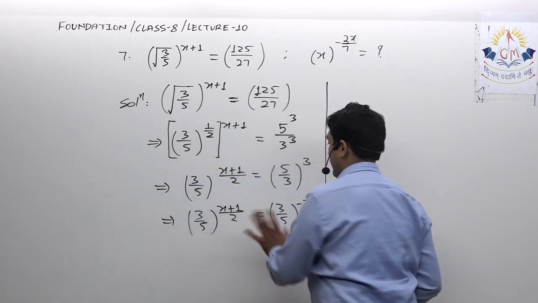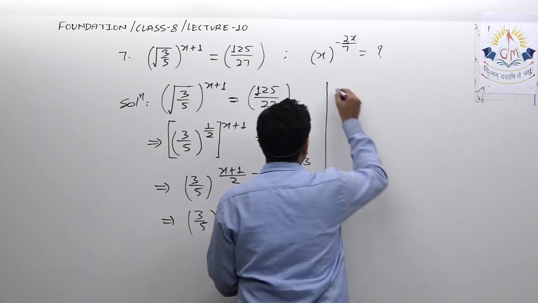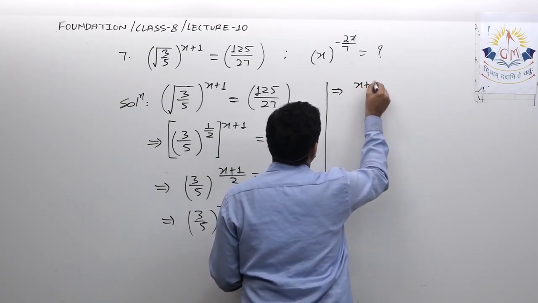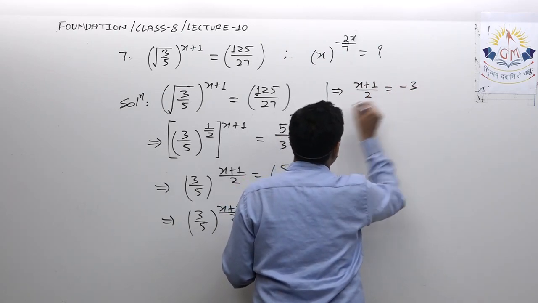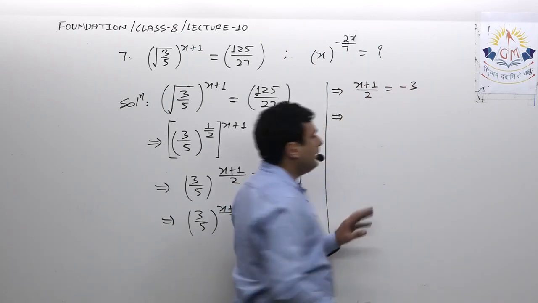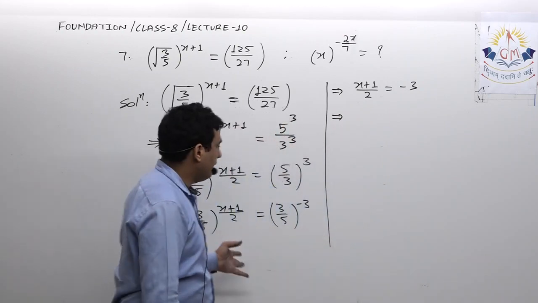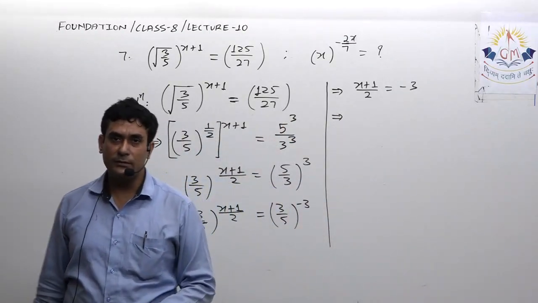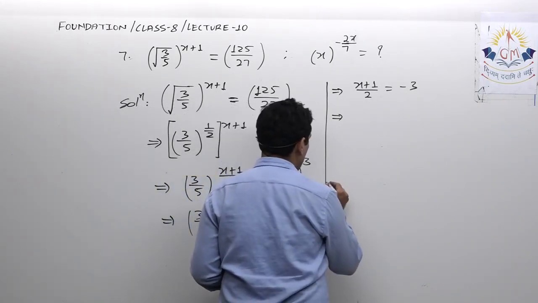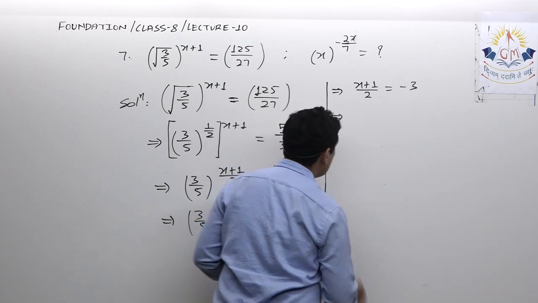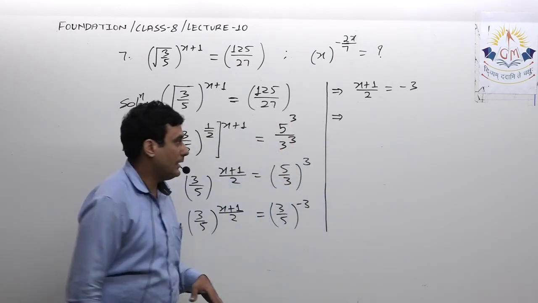Now here the bases are same, so I can say x plus 1 by 2 is equal to minus 3. This is again a linear equation in one variable that we saw in our second chapter of the foundation. Also this is a part of your syllabus, that you must learn in class 7th as well.